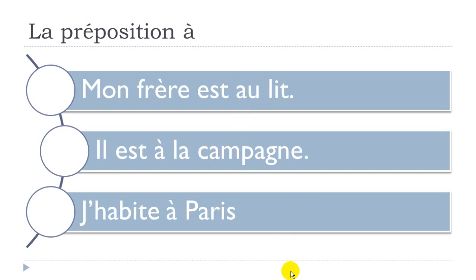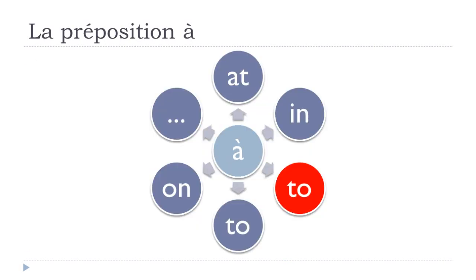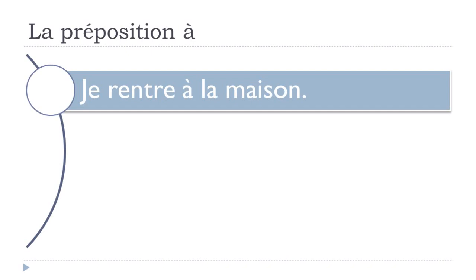All right, let's see another use of à, and it would be to. A few examples. Je rentre à la maison. In that case, rentrer is to go back. So je rentre à la maison.